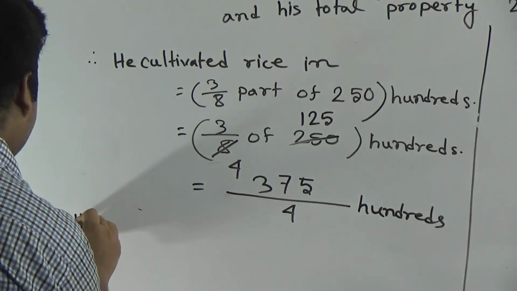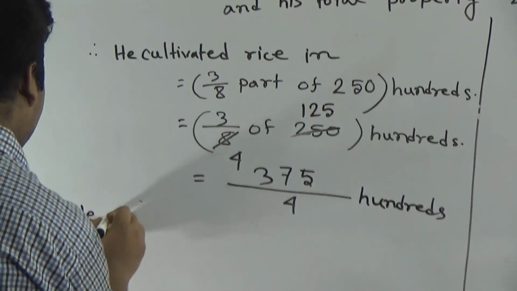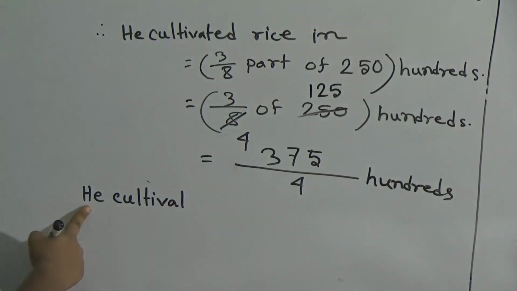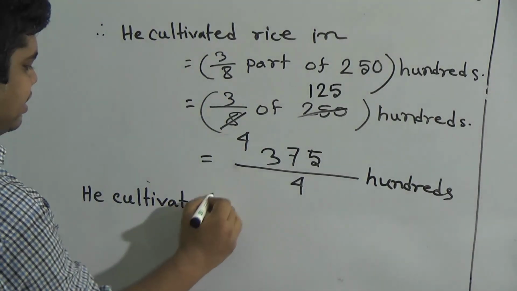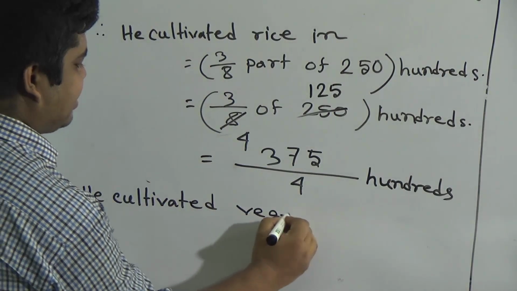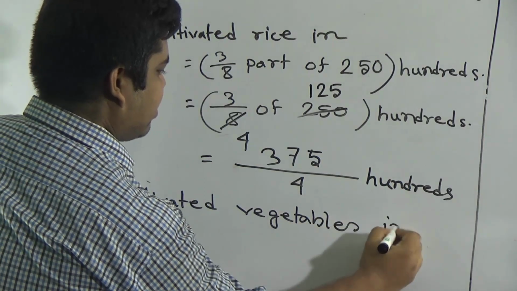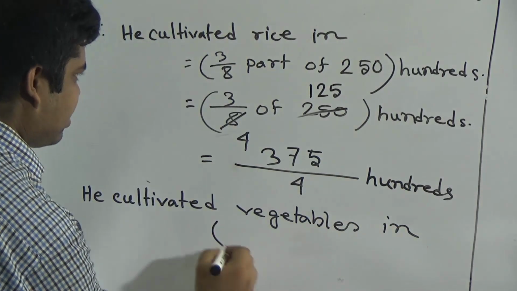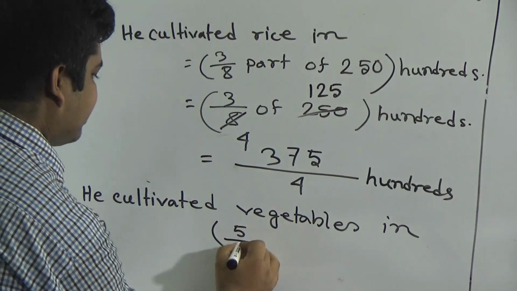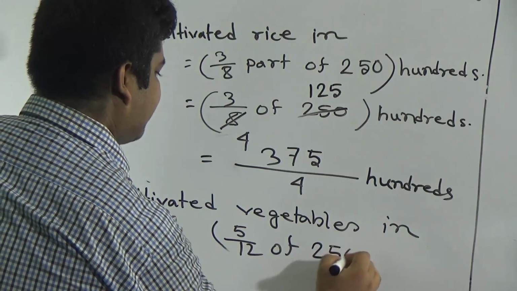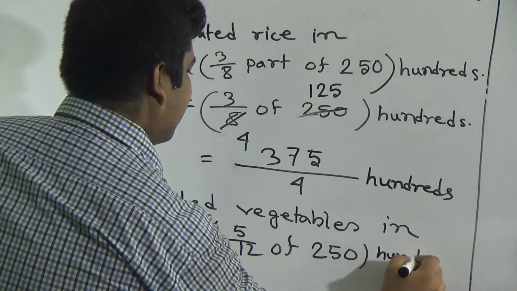Then we find out the amount of vegetables. He cultivated vegetables in 5/12 of 250 hundredths.